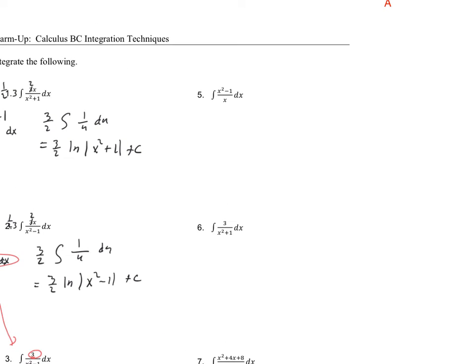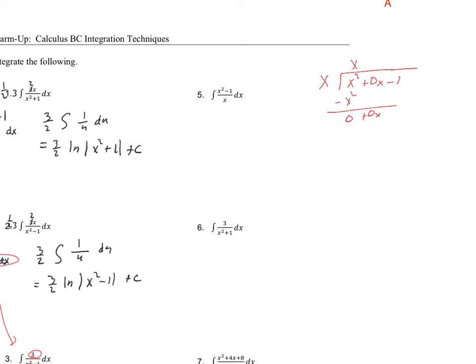So now in problem number 5 here, my degree in the numerator is larger. So that's where you need to do long division to divide it out. And don't forget to fill all degrees here. So x goes into x squared x times, multiply it, subtract, bring down the next term.